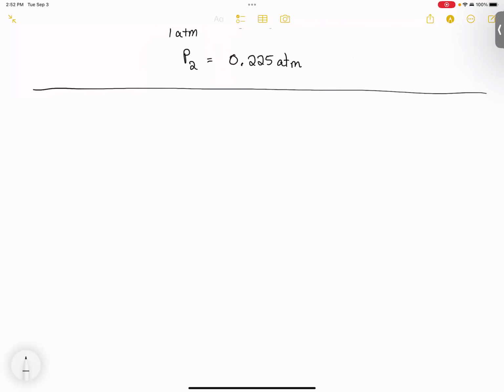I am going to start by drawing a heating and cooling curve. Then we're going to discuss what each line segment of the heating and cooling curve means.